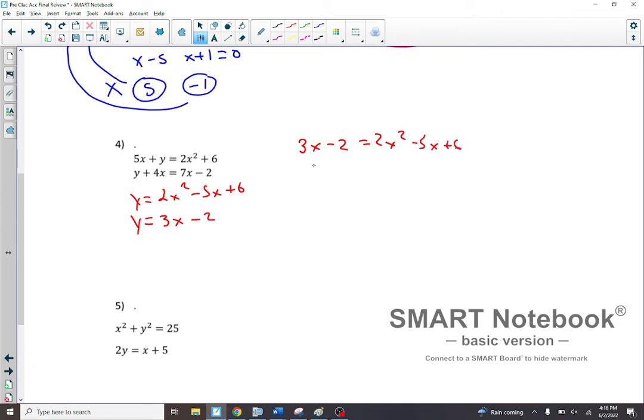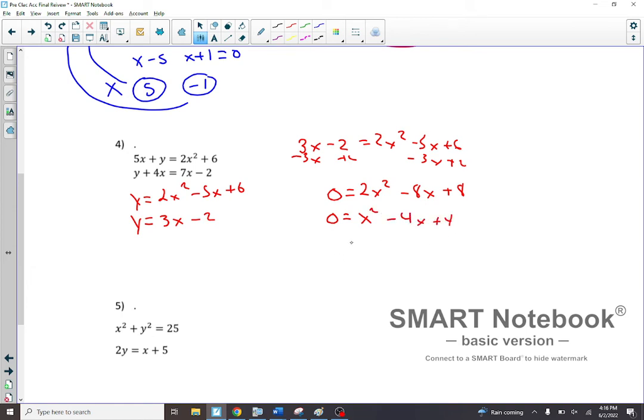Subtract these over here, so negative 3x minus 3x plus 2 plus 2. So 0 equals 2x squared minus 8x plus 8. Let's divide everything by 2 here. So 0 equals x squared minus 4x plus 4.